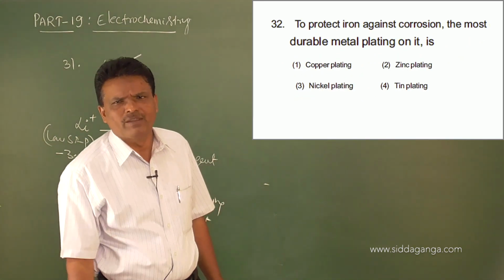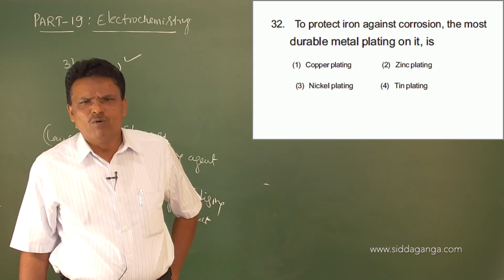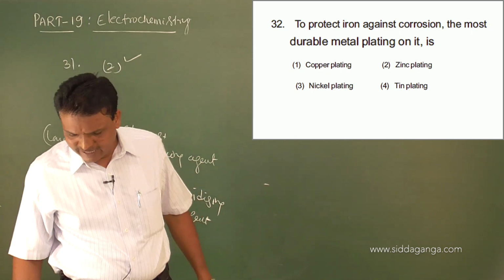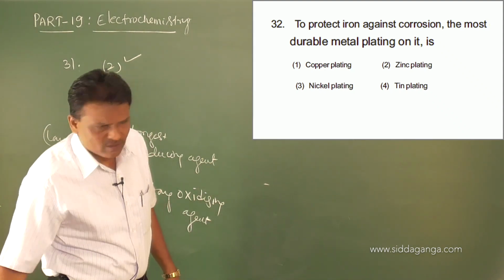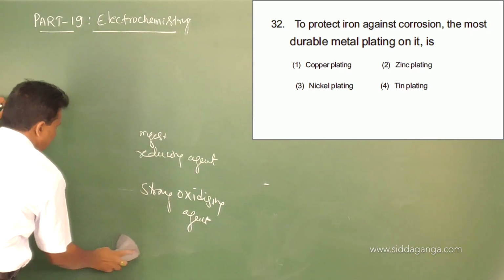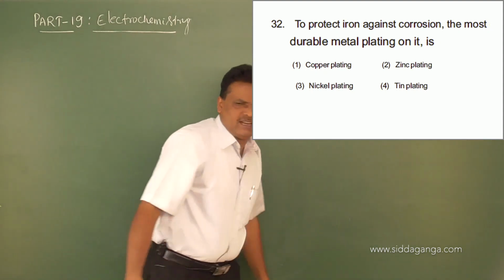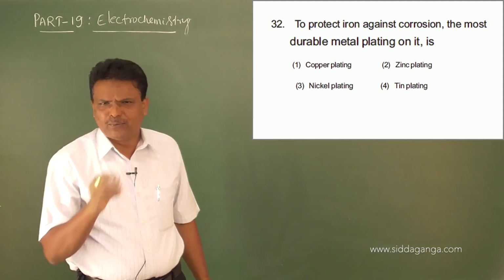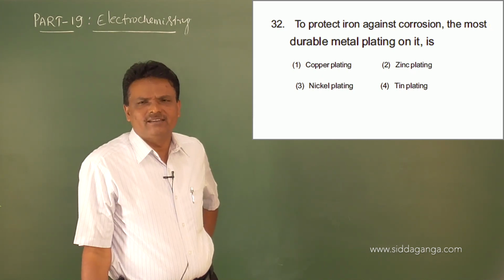Question number 32. To protect iron against corrosion, the most durable metal plating on it is. Observe here. Usually iron is coated by either tin, zinc, or chromium metal plating.